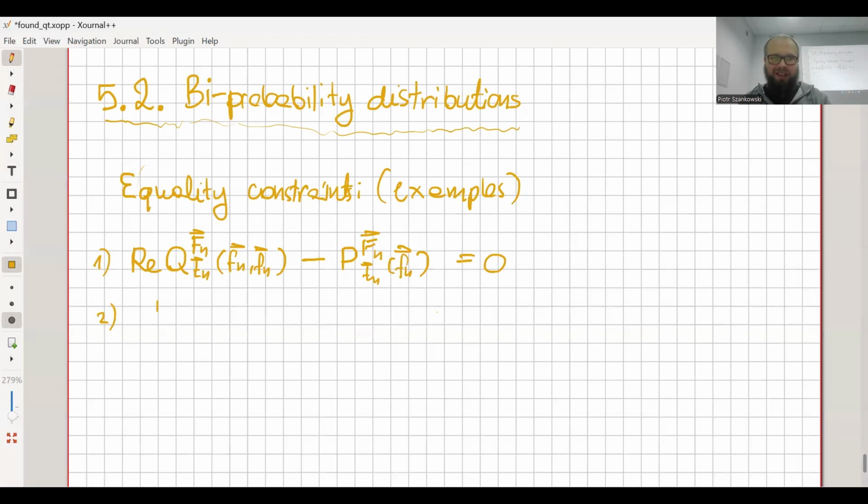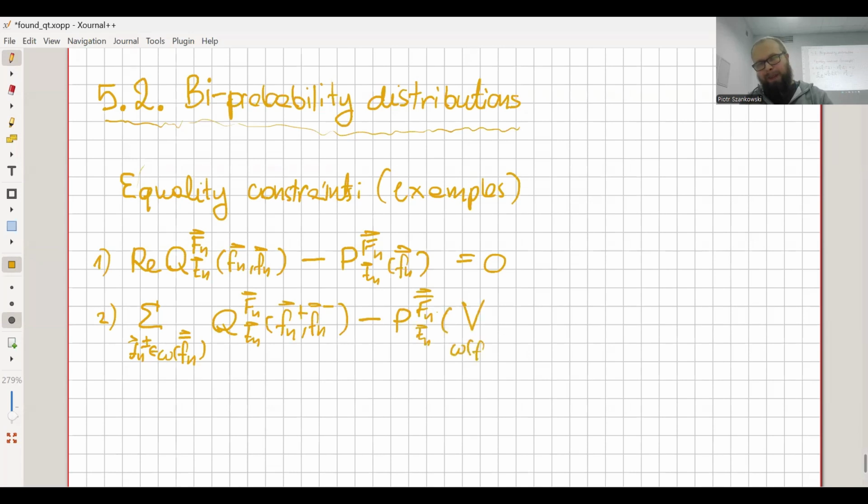But another one would be, you take the sum over omega of f, coarse-grained Q_n at f_n plus f_n, minus p_n coarse-grained at t_n over omega, coarse-grained, equals 0.